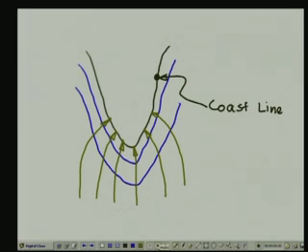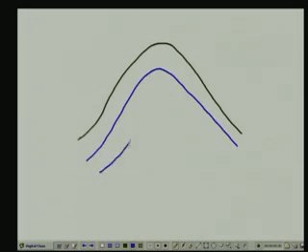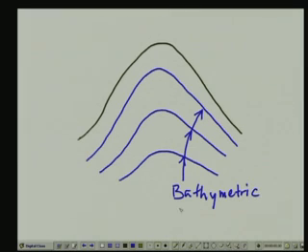So that is one of the things that you could have, and you can have an opposite effect in areas where the coastline geometry is of this type and the bathymetric contours are of this shape. So these are the bathymetric contours like in the previous sketch, and as earlier, this one here is the coastline.